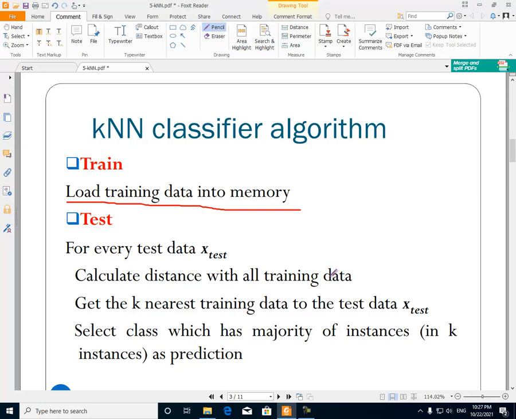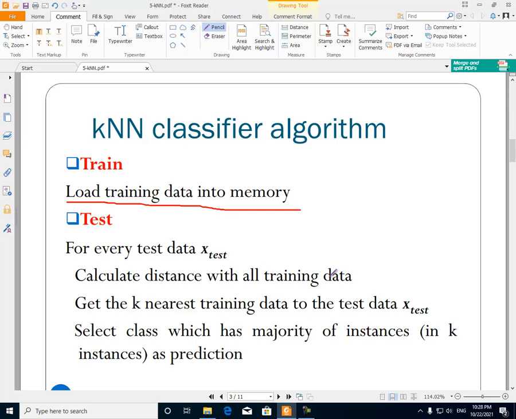Okay, and then in the test phase, what we are doing is this. For every test data, x test, calculate the distance between that data and all of the training data.